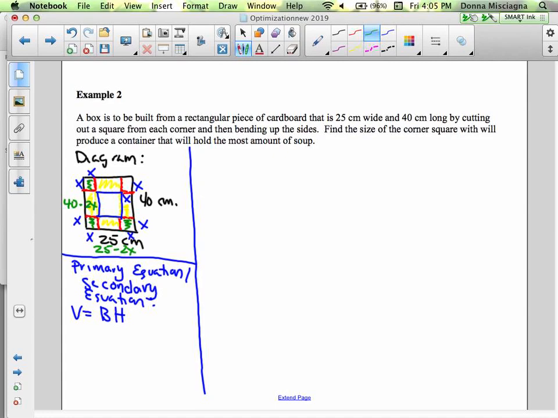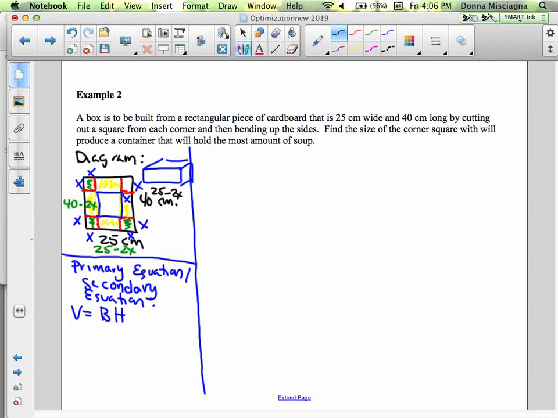Let's draw what the box is going to look like three-dimensionally, and that might also help you see everything. Here's our little box. The bottom, or what I chose to draw as the bottom, is the 25 minus 2X.